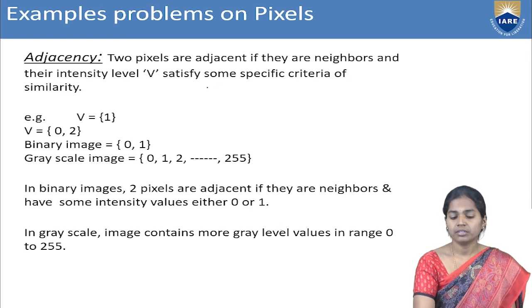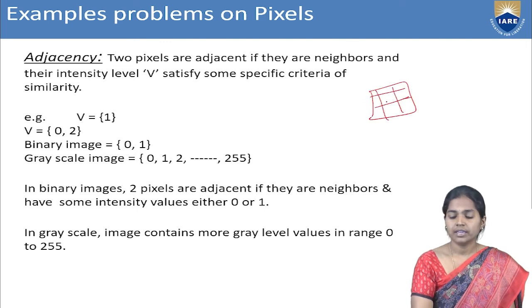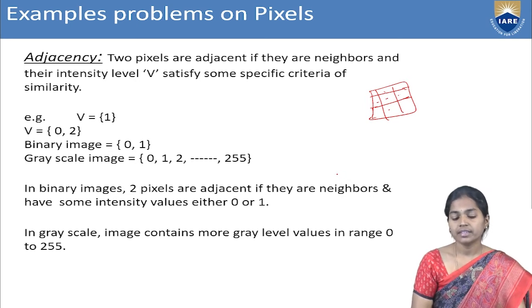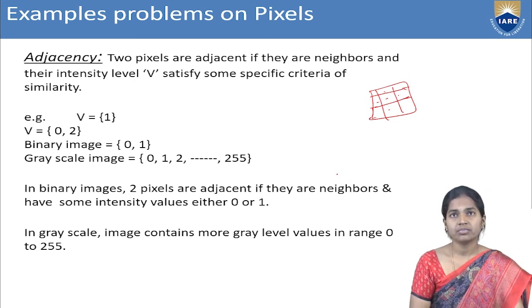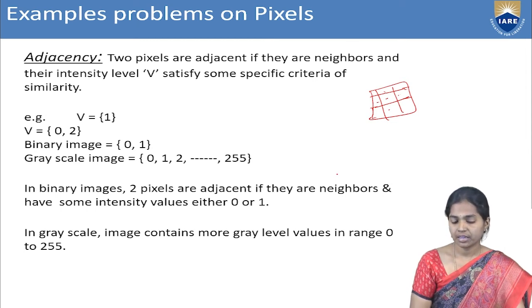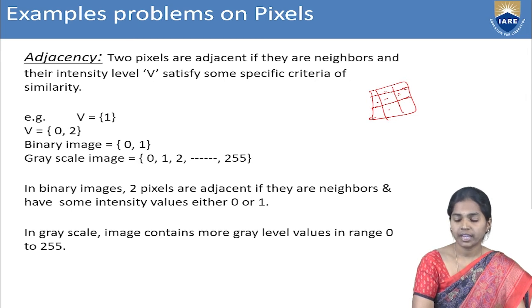That means if the pixels are neighbors, either in diagonal form or as direct neighbors, and their gray level values also satisfy some specific criteria.